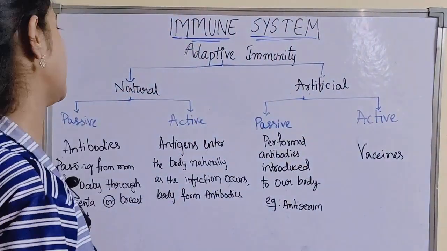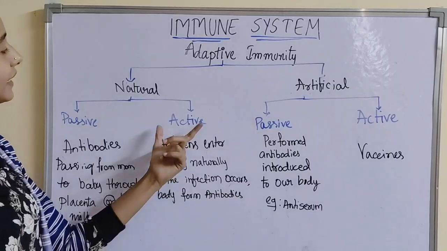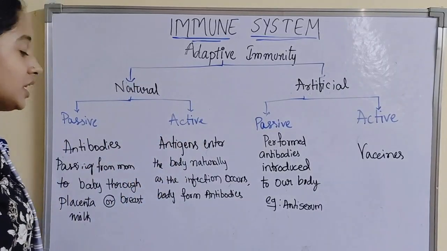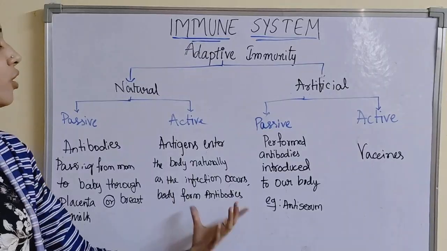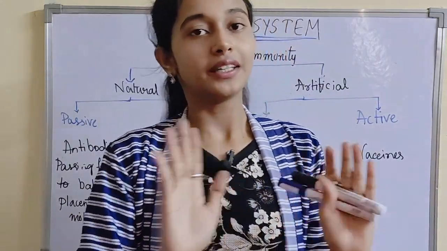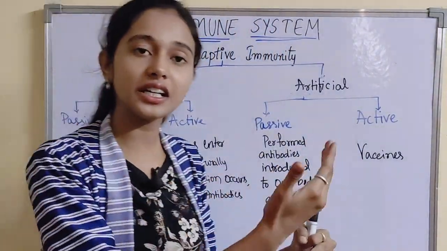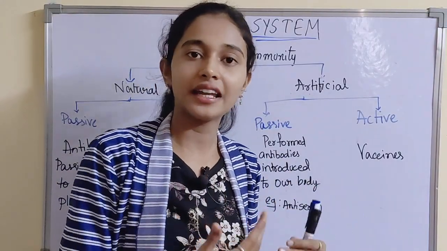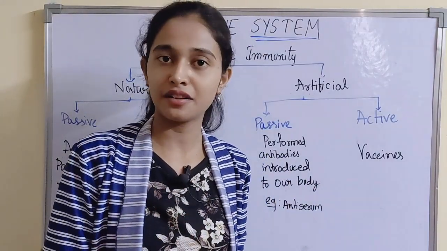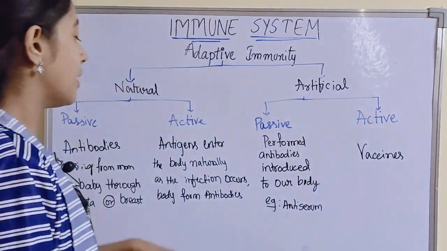Acquired immunity. Similarly, in naturally active immunity, the antigens enter our body. As the infection occurs, the body forms antibodies. यहाँ पे हमने externally कुछ नहीं किया, हमने बाहर से कुछ नहीं खाया. We didn't take any antibacterial or antifungal or antiviral thing.